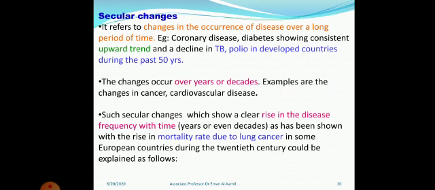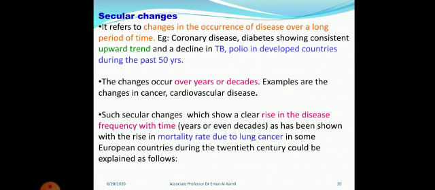So there is a change in the trend of the occurrence of disease because of the improvement of life and different lifestyles, and there is an increase in smoking, alcohol, or lack of physical activity. This will lead to an increase in the occurrence of coronary heart disease or diabetes, while there is a reduction or decline in infectious diseases such as tuberculosis or polio for the last 50 years. The changes occur over years or decades.